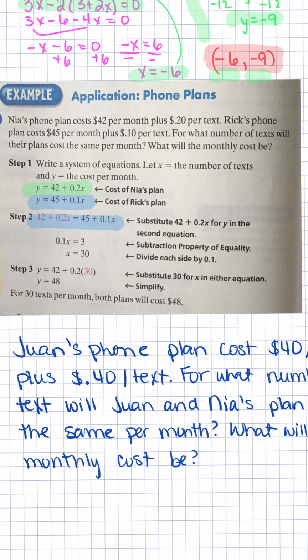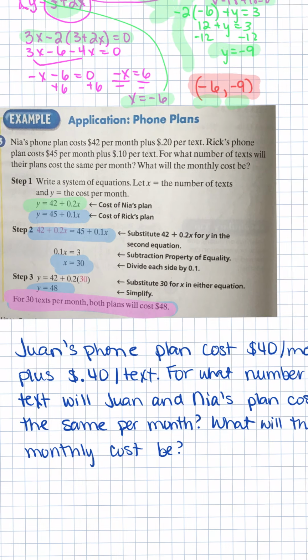When we solve, x equals 30. We're going to plug that into the first equation, and we get that y equals 48. So for 30 texts per month, both plans will cost $48. That's the break even where the lines, the graphs, cross.